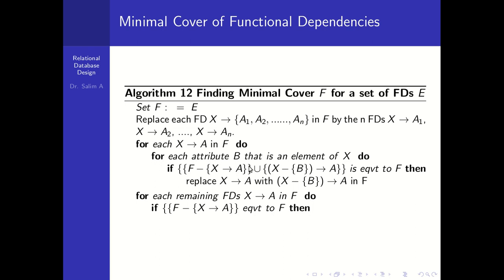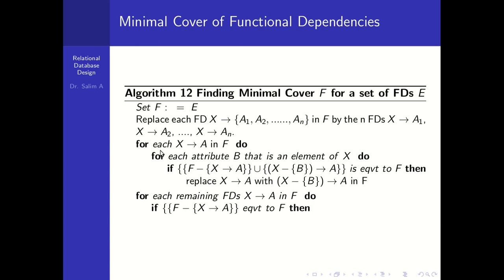That means, first you are trying to remove an attribute from the left hand side. Now by this step you are trying to remove an FD itself from the set. Still the closure is the same. Therefore, the algorithm is very simple. First one is the right hand side: if there are multiple attributes, apply the decomposition rule.